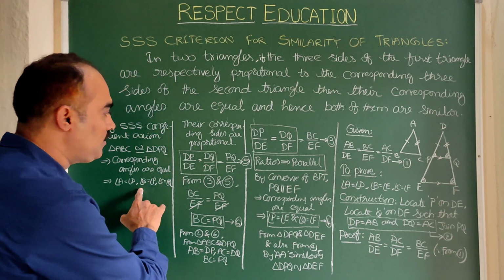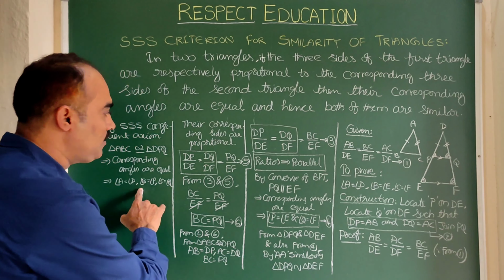That is already ready. Now angle B equal to angle P, and from equation 4 it says that angle P is equal to angle E. Now compare 4 with this equation: angle B equal to angle P equal to angle E. When the angle P is the same, definitely angle B is equal to angle E. That is what is required for the second one.